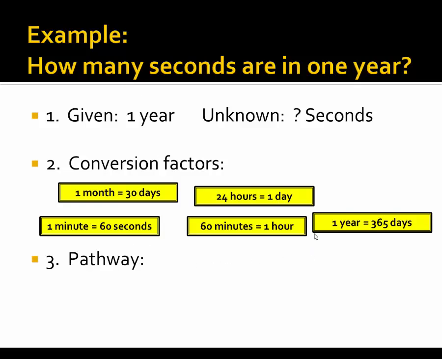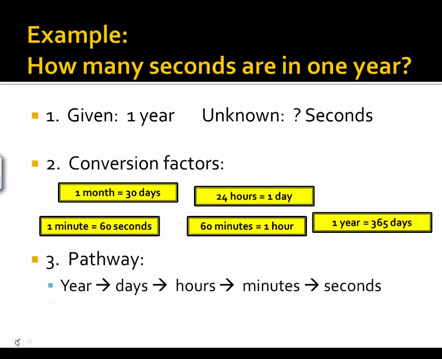So from this, we're going to select a pathway. From what's given, we're going to select a pathway that's going to take us from years to seconds. We know that year is the larger unit, second is the smallest unit, so we're going to go from large to small, and that's exactly what you see here. So we have years, days, hours, minutes, and seconds.